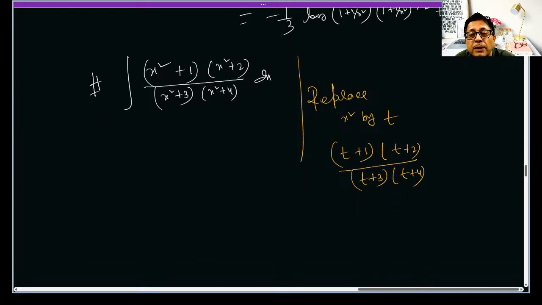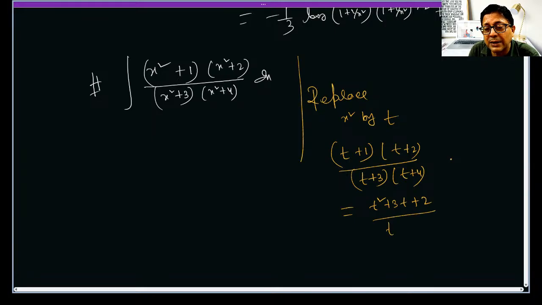Okay. So again with t, index of t in numerator is t square. Here also t square, highest power. So you have to divide. Then only you can do. So better you split this one as t square plus 3t plus 2 by t square plus 7t plus 12.